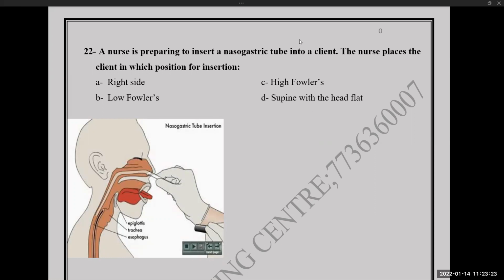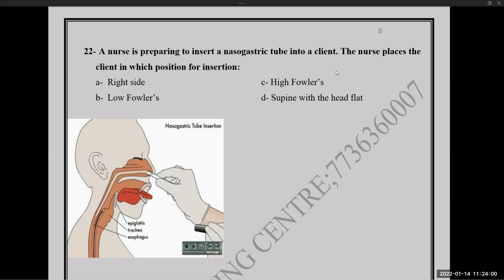A client is admitted with gastric symptoms and underwent gastric surgery. Post-surgery the patient is on NPO and has a nasogastric tube in place. My question is: what is the indication for the nasogastric tube in this situation? Post-gastric surgery, nasogastric tube is in place.